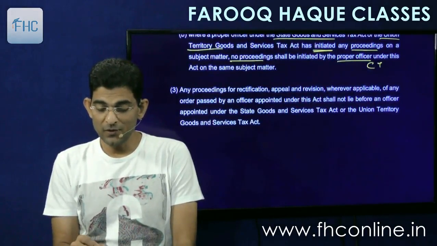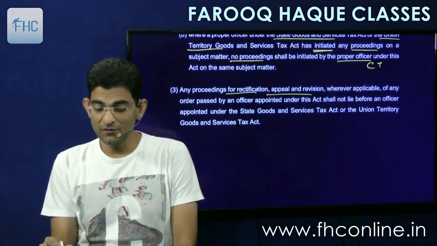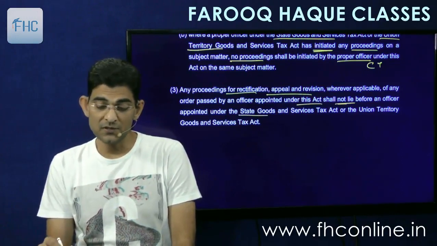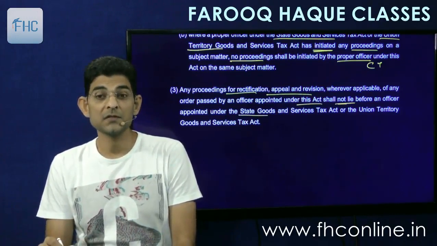And any proceeding for rectification, appeal and revision, wherever applicable, of any order passed by an officer appointed under this Act shall not lie before an officer appointed under the State Goods and Services Tax Act or Union Territory Goods and Services Tax Act.